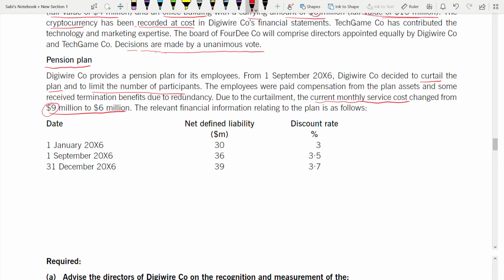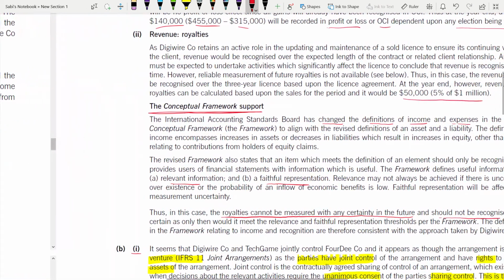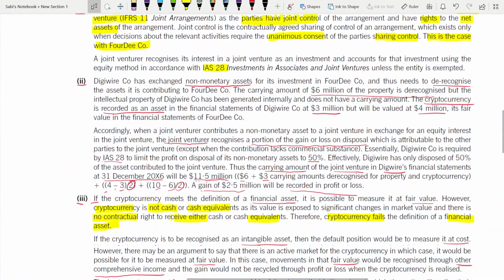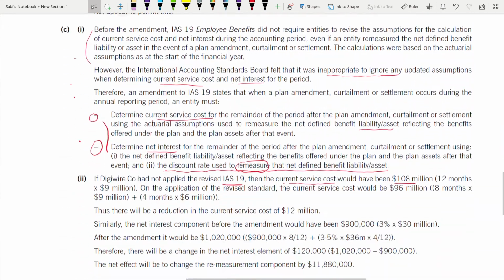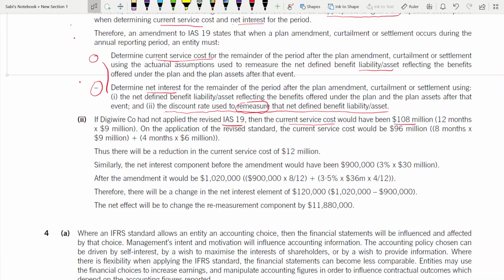Current monthly service cost, for 1 month it is 9. For 12 months it will be 9 into 12, 108. Next, on the application of the revised standard, the current service cost would be, if they have applied the revised standard, what is the current service cost? It is 96 million. It reduced, right? 8 into 9 million, plus 4 into 6 million.